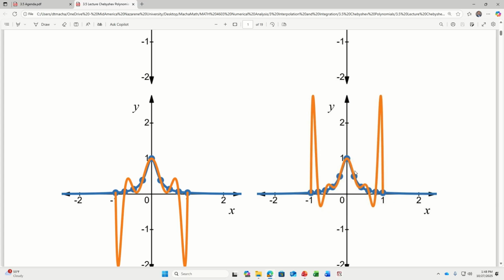But this is saying that choosing a Newton-Cotes quadrature rule with more and more nodes is not going to always give you a better and better integral approximation the way we hoped it would.